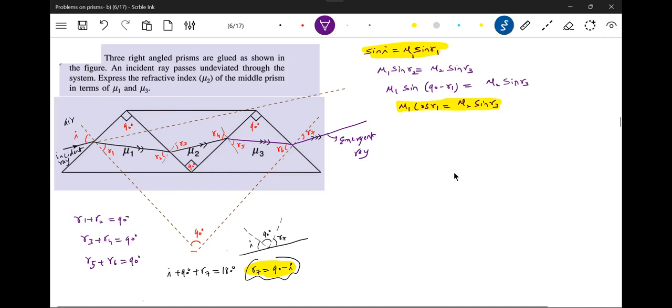Next again, applying Snell's law, mu2 sin R4. What is R4?